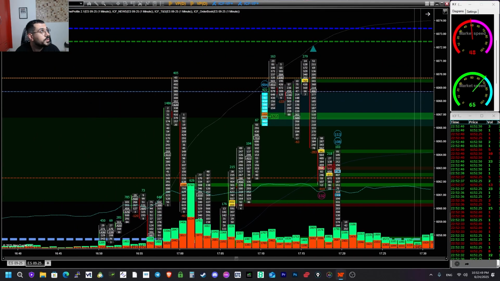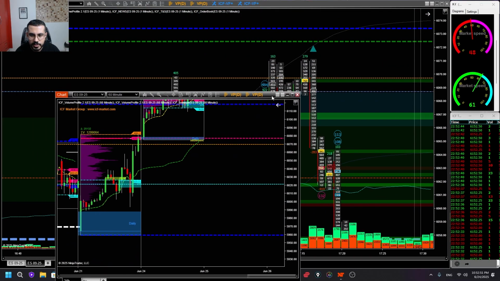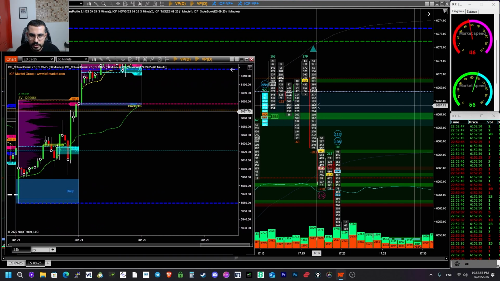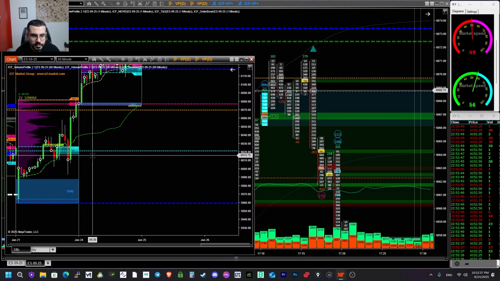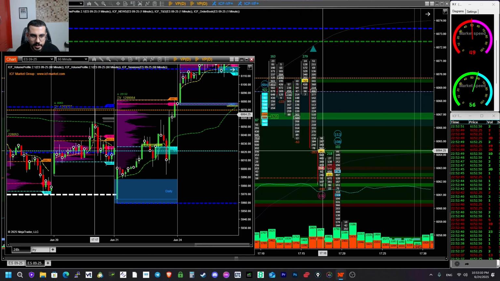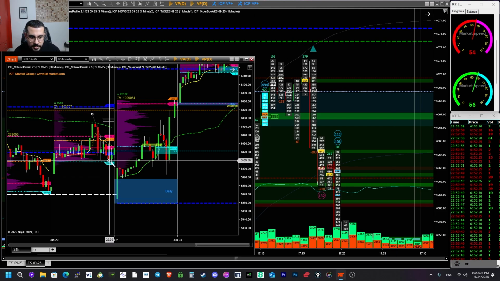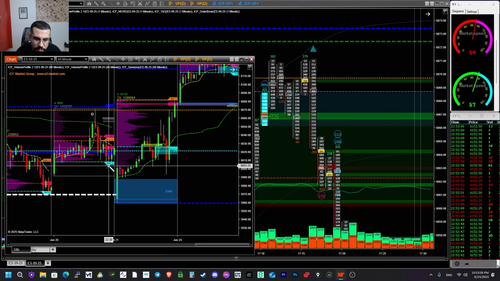If I want to see the risk reward ratio, we would enter around here. With a 9 pip stop loss, for only Friday, you could take 61 pips.